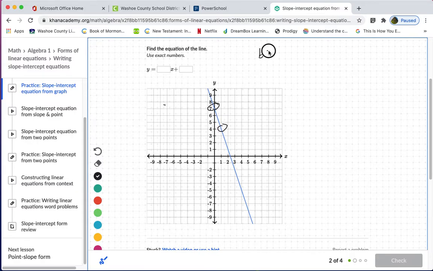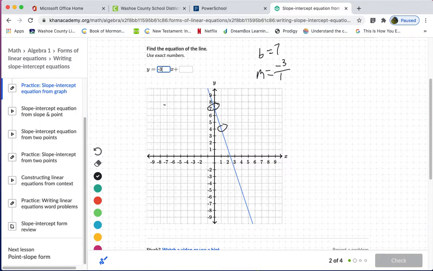So our b is 7, and to get from 7 to 4, we had to go down 1, 2, 3. So our rise is -3 because we went down, and our run, we went over 1. So -3 over 1, which we can just write as -3, right? -3 divided by 1 is -3.